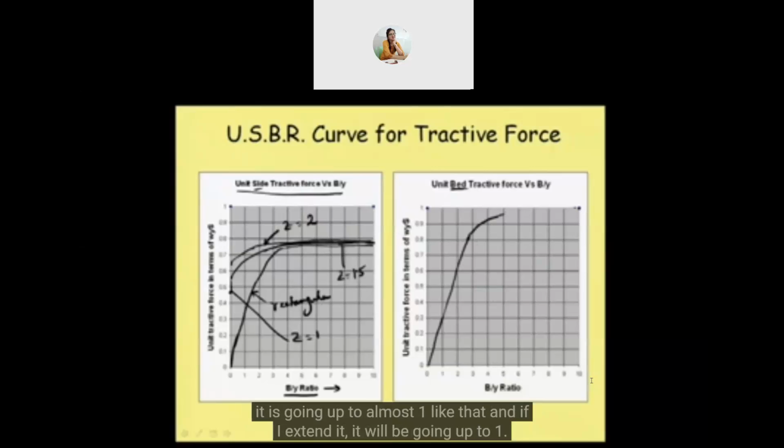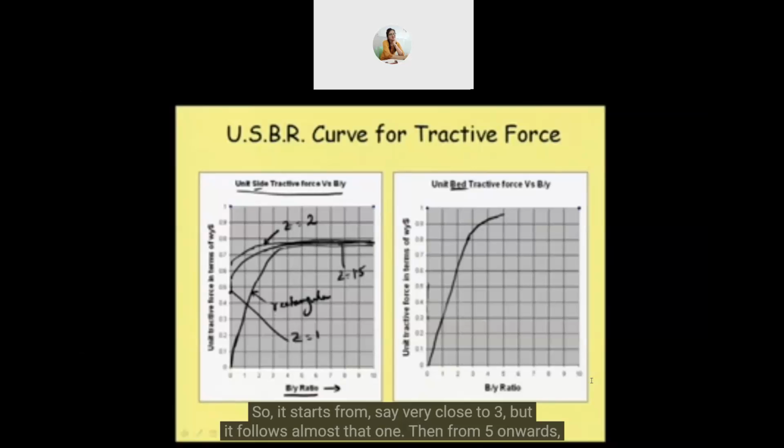Then for trapezoidal, it was interesting to observe that because it is the bed, although it is trapezoidal, the side slope, whether it is more or less, doesn't influence that much. But still, for z equal to 2 and 1.5, we are drawing for the bed, so it starts very close to 3, but it follows almost that one.